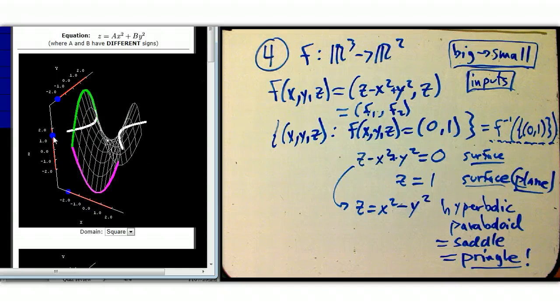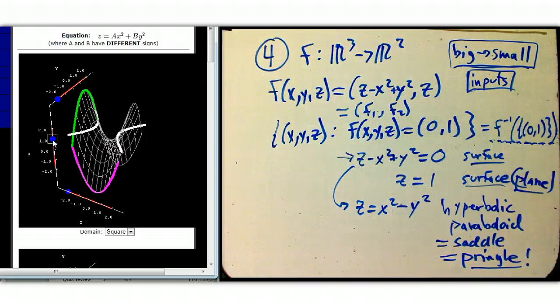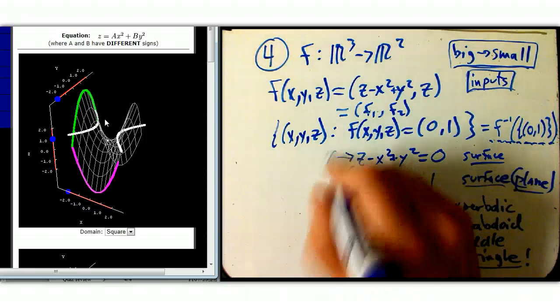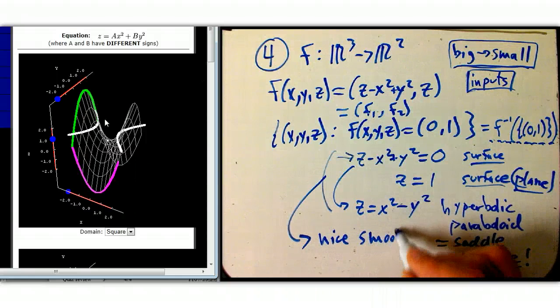Okay. And so what are we doing? What I want to think about is take this surface, the saddle surface, and I'm cutting it with a horizontal plane with z equals 1. That's exactly going to produce this white hyperbola. And so notice that's a nice curve. Okay, so this intersection is a nice smooth curve.